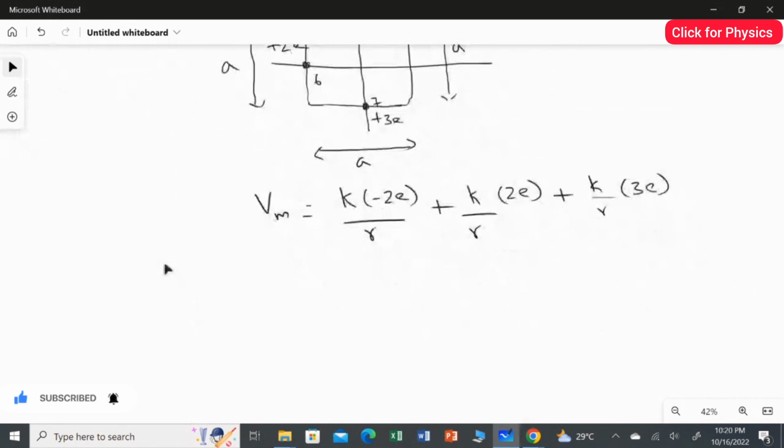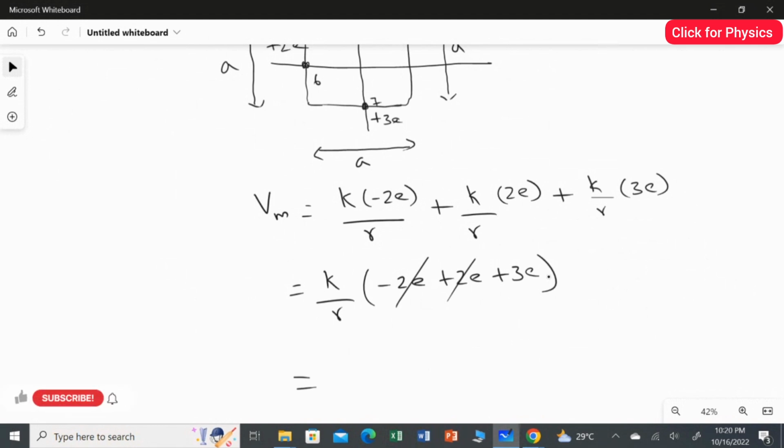Again, I'm going to take the common term outside: K over R inside the bracket, minus 2E plus 2E plus 3E. Minus 2E gets cancelled with plus 2E, and the remaining term is K over R multiplied by 3E. So this is the value for the middle charge.